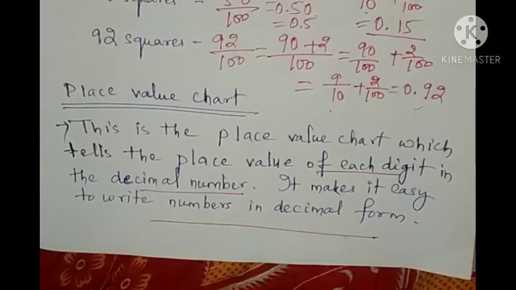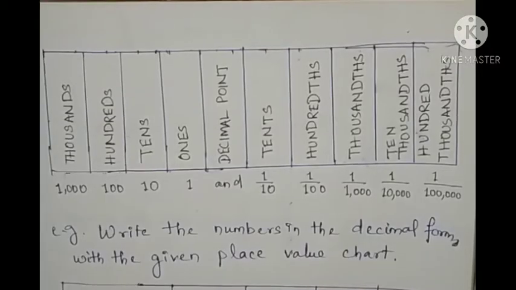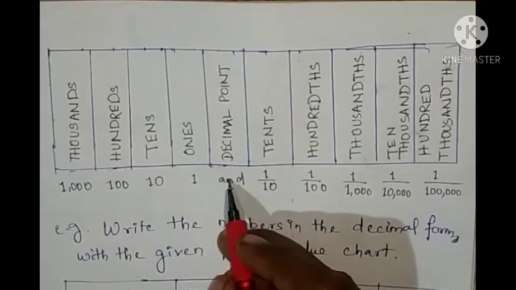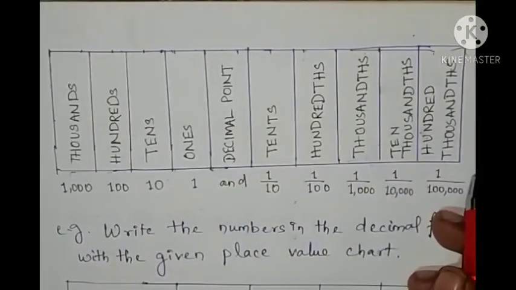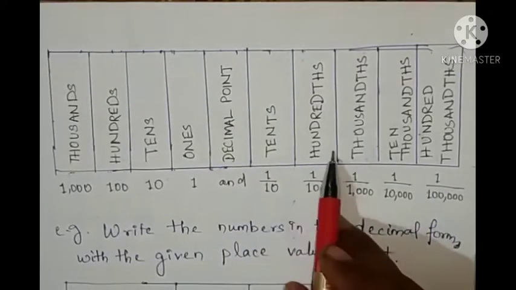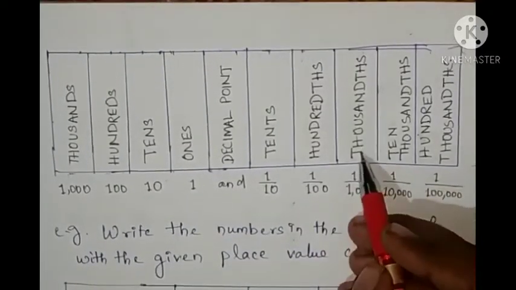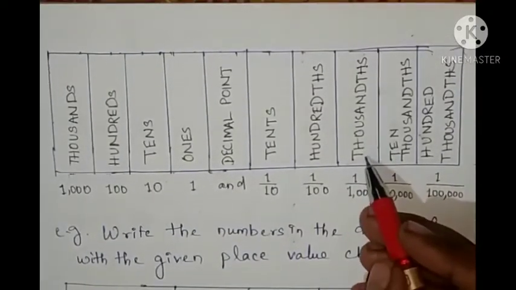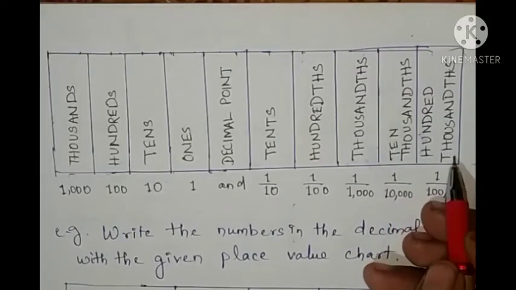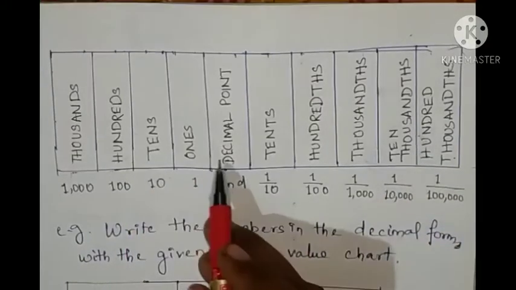Let's see how we can write. Look here. The decimal point is in the middle, and to the right after the decimal, what is there? 10th, 100th, thousandths, 10,000ths, 100,000ths, like this.